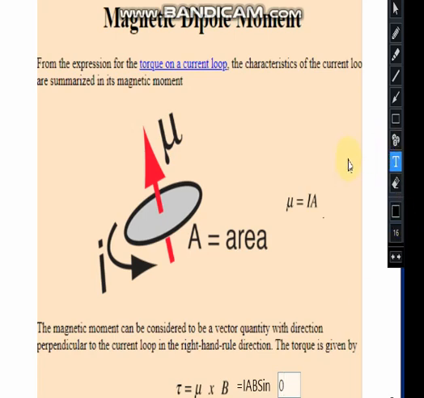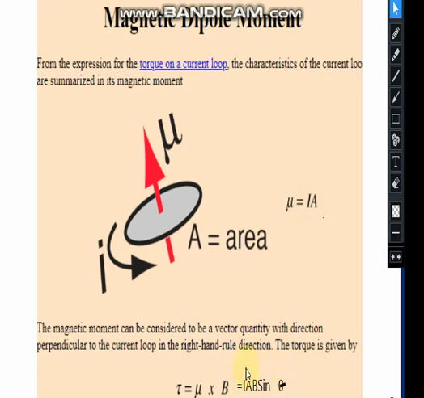This equation is the same as the torque acting on the rectangular loop placed in a magnetic field.